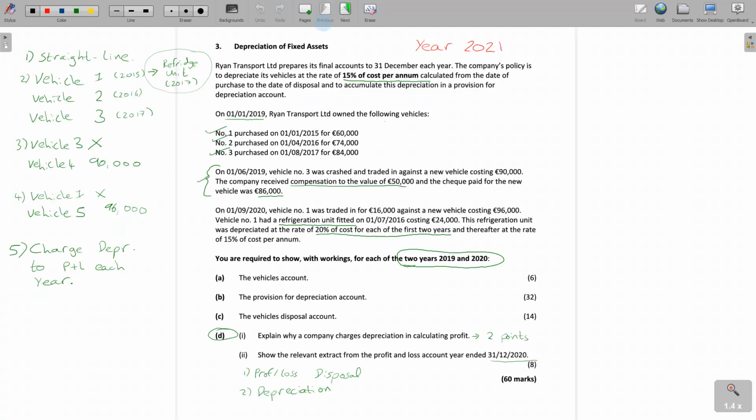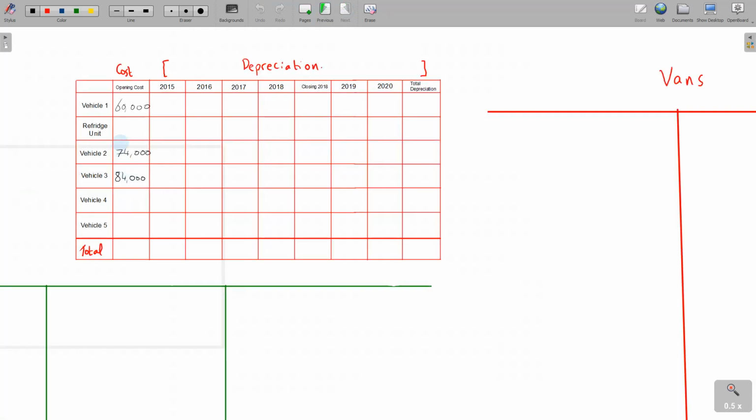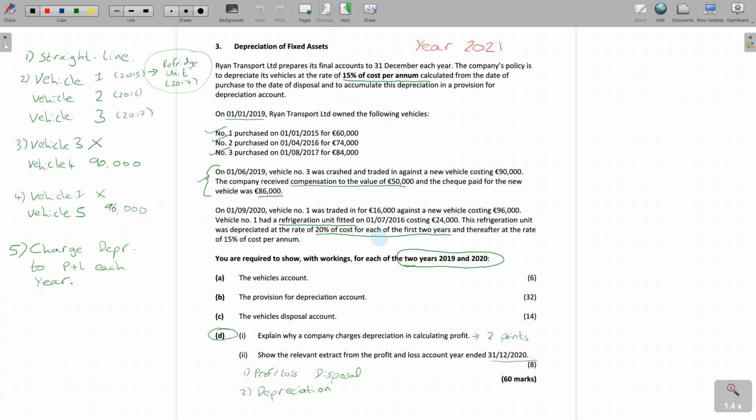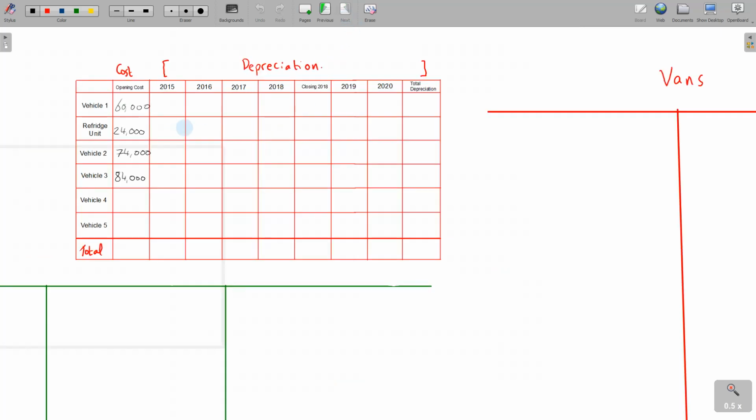Then I'll put in my refrigerating unit as well of 24,000. Now, we didn't buy anything, so the only thing we have in 2015 was vehicle 1. It's only when you have something can you depreciate it. So we're not going to be depreciating any of these. We're only going to be depreciating the vehicles.